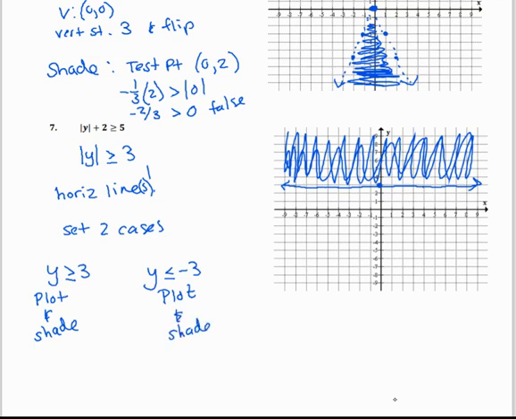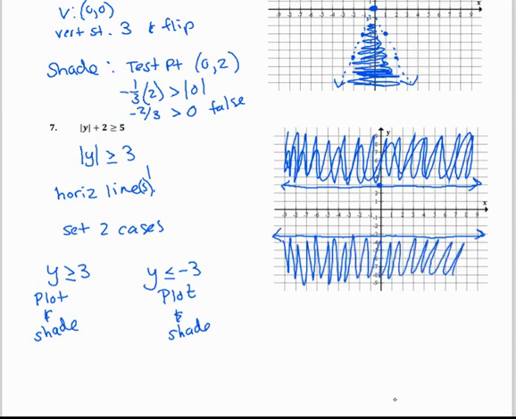So I would go to negative 3 and draw a solid line through negative 3. But I'm going to shade values less than negative 3. So here is the shading for that one. Remember, this is still one function. I want to use the exact same colors when plotting this, and a solution can be anything in either shaded region.